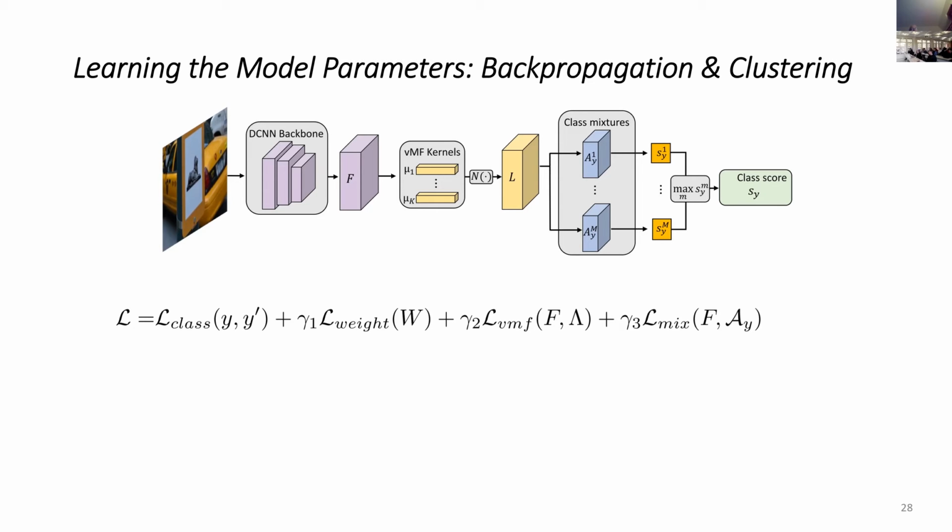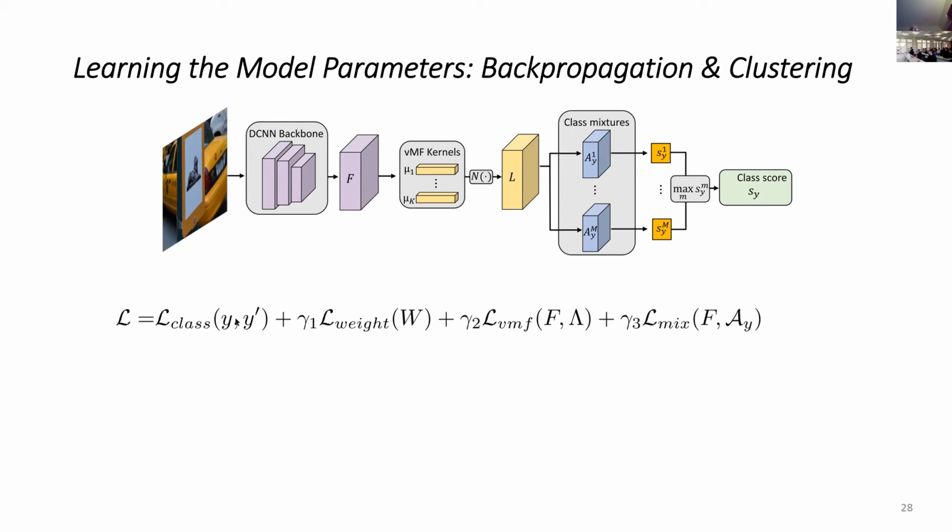In this case, we have to do a little bit more than that. The learning involves clustering to get the VMF kernels, which is to find configurations of feature vectors that happen frequently. We also have to do clustering to find different mixtures, different viewpoints. And also we have to train other parameters just by differentiation.